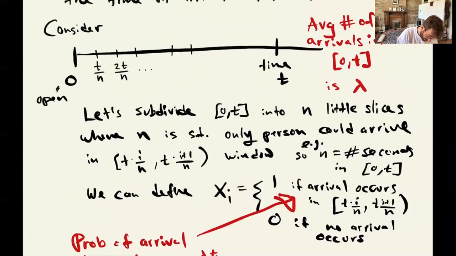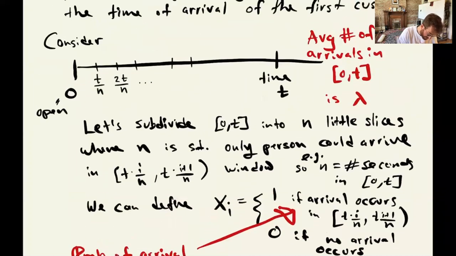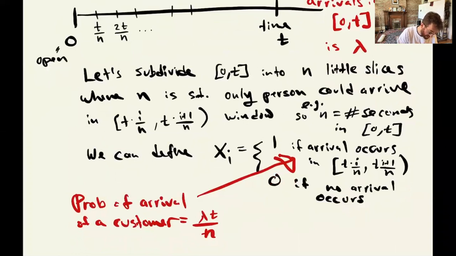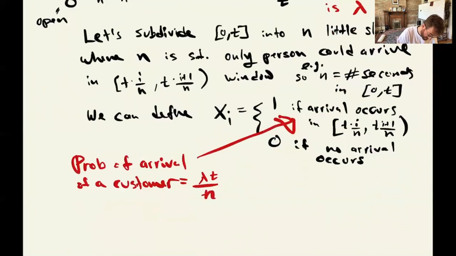This makes sense because the number of windows that I'm dividing this into corresponds to roughly t over n. The probability of arrival of a customer is basically the size of this window, t over n. All right, good. And this is our p.